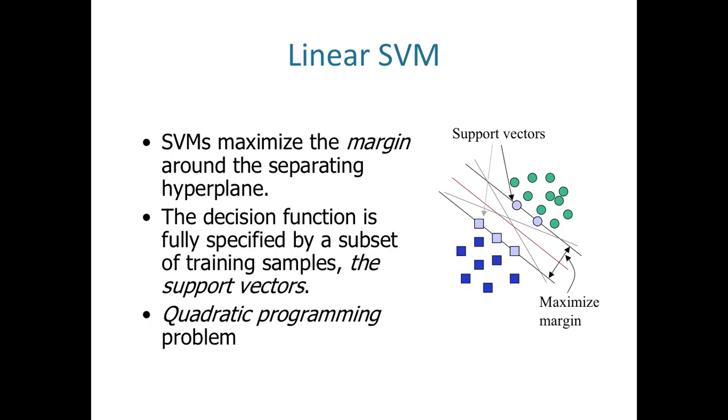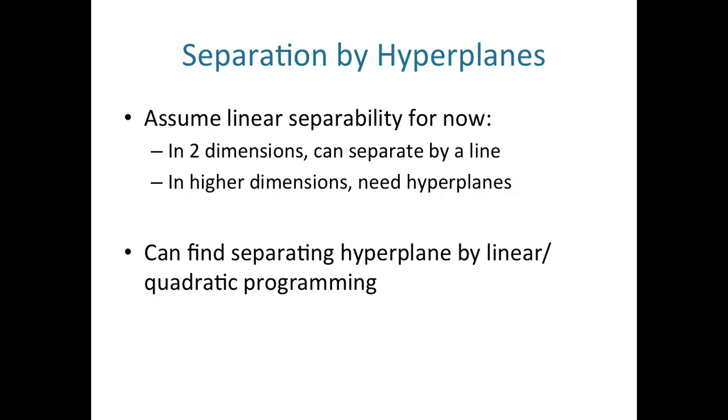Okay, so the decision function that defines the separation between the two classes does not depend on all the samples, but rather only on the support vectors that we are working with. And because this is a problem in which we need to maximize the margin that exists between the two, I'm going to elaborate on that in the next minutes, but we'll see how this is in reality a quadratic programming problem.